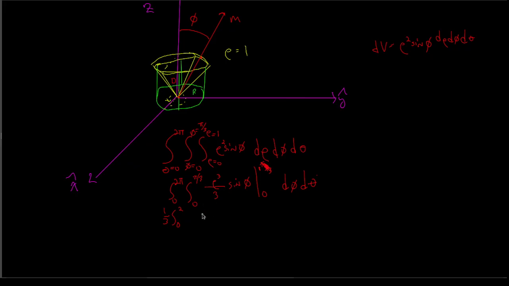That's going to become negative cosine phi evaluated from 0 to pi over 3, d theta. So that's going to be 1/3.